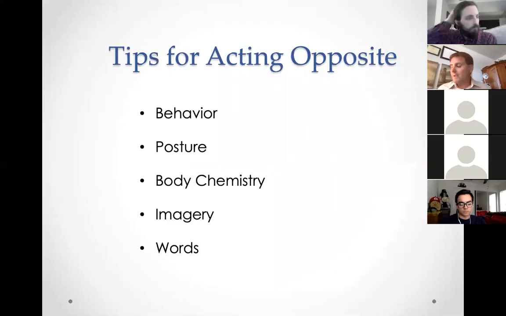So there are different ways we can help clients act opposite. We can help them literally do the opposite of what they feel like doing. We can help them act opposite with their body posture, right? So if they feel like clenching up, then maybe learn to relax your body. You can act opposite with body chemistry.